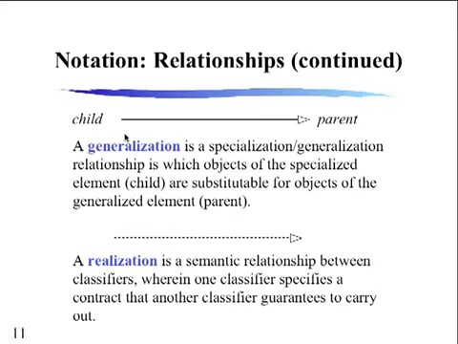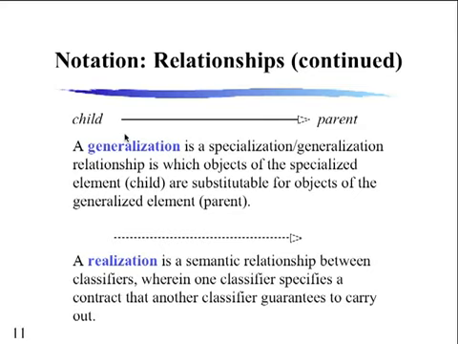But a generalization is a specialization or generalization relationship. If you think about one class specializing in another class, this is used in inheritance, and it looks the same as a relationship, actually. The shape comes from the object. So we have object, shape, and then we have, let's say, triangle or rectangle.